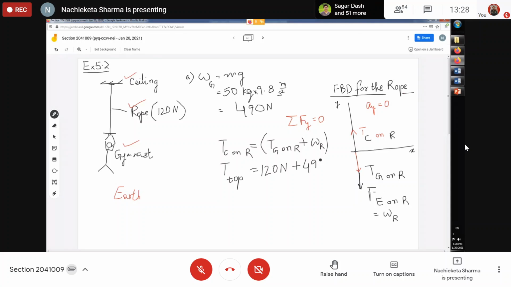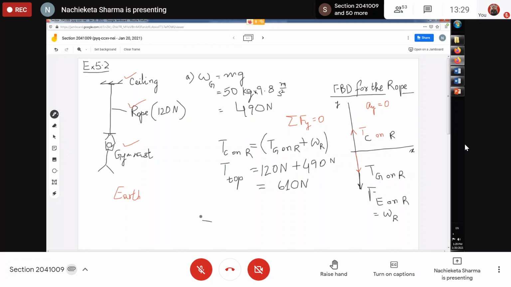If I add them, I get 610 Newton, and that is natural because now the ceiling has to support an extra 120 Newton. So this rope must have a tolerance limit of extra 120 Newton. A tension of 490 Newton will not be enough. So at the topmost point, the tension of the rope is 610 Newton.